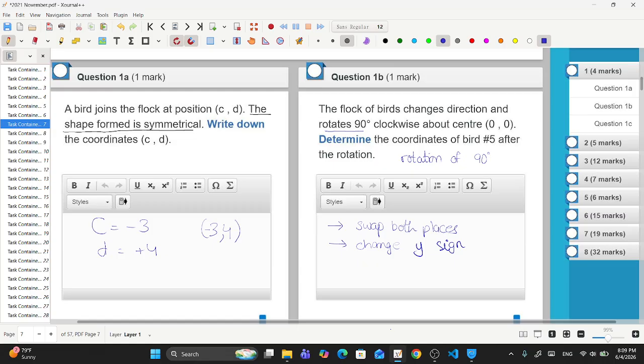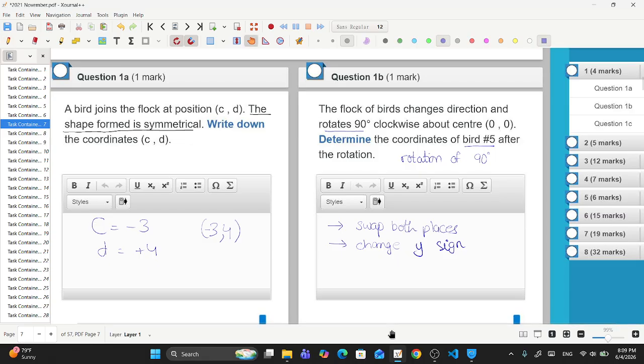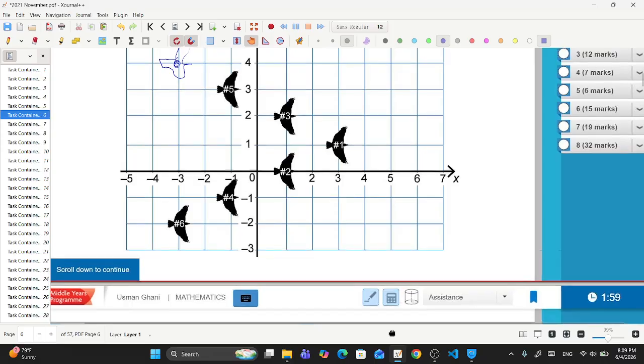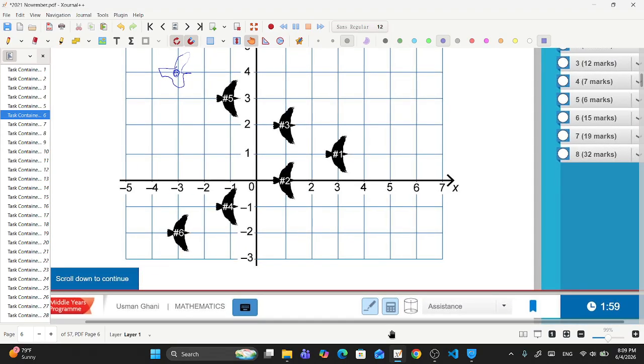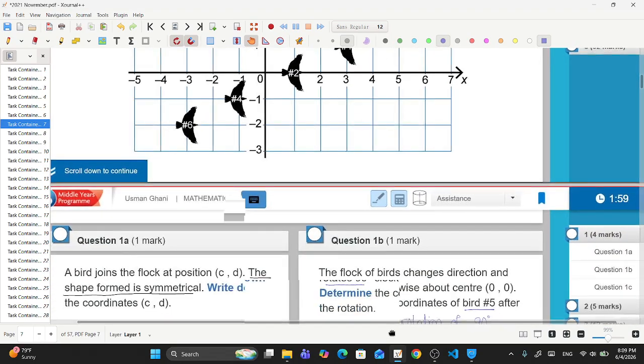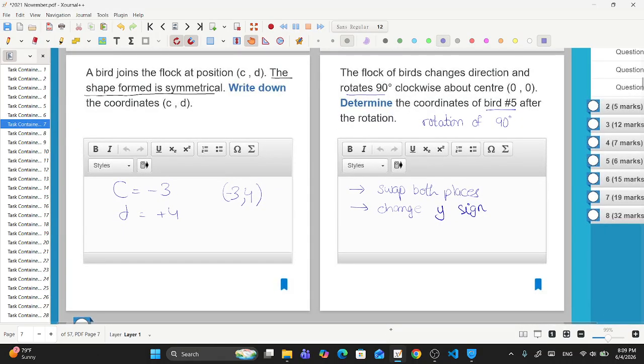Specifically, determine the coordinates of bird number 5 after the rotation. Bird number 5 is this one, (-1, 3). This is the initial coordinate. Two steps need to be applied.